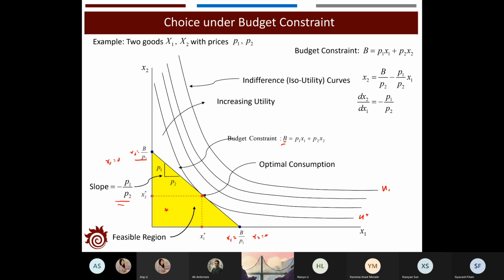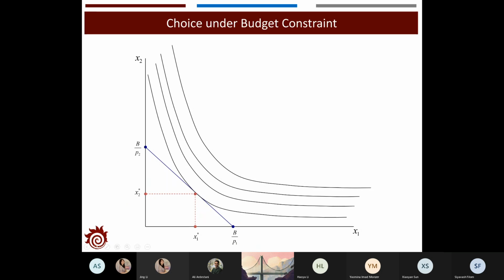This is the point we need to select, which is also the optimal solution. We see that the point is x1 star and x2 star. And again, it will give you the highest utility, U star. So these are the general steps for you to find the optimal solution with two products.